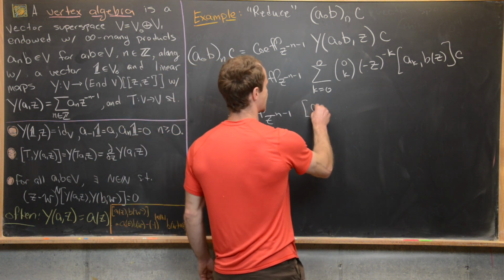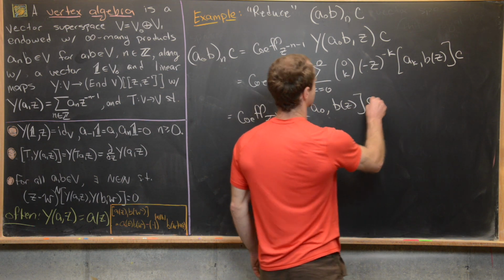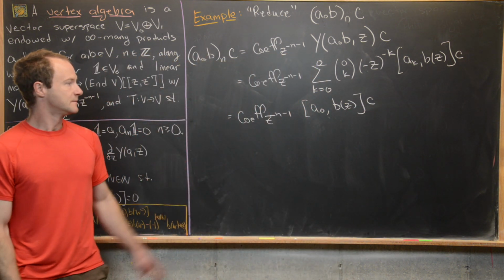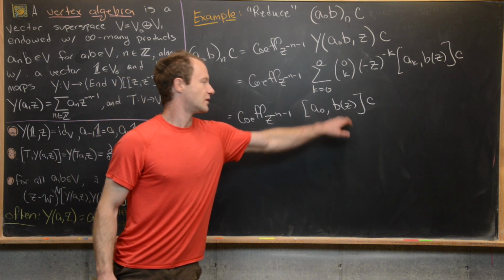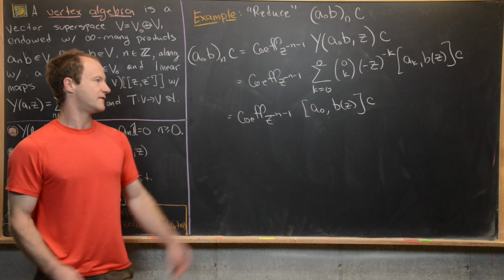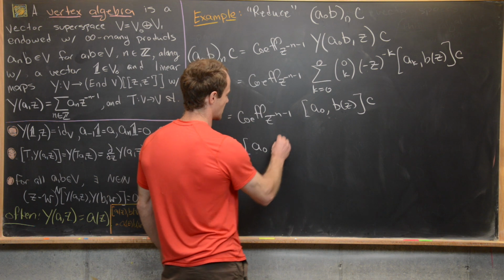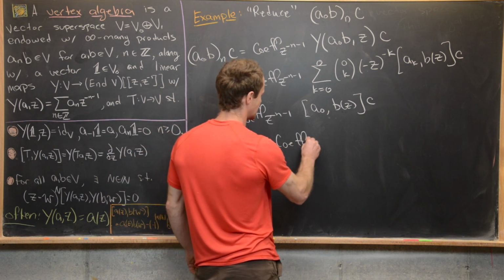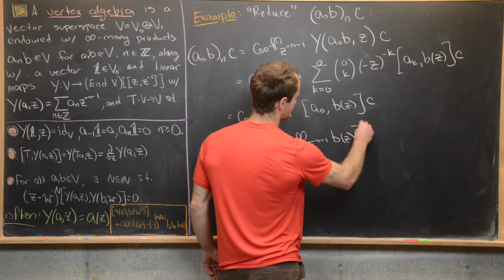So that leaves us with A_0, B(z), C. Great. So the only place we see z's is in this component right here, this field B of z. So that means we can bring this coefficient inside just like that. So that's going to give us A_0, and then we have the coefficient of z minus n minus 1, B(z), C.